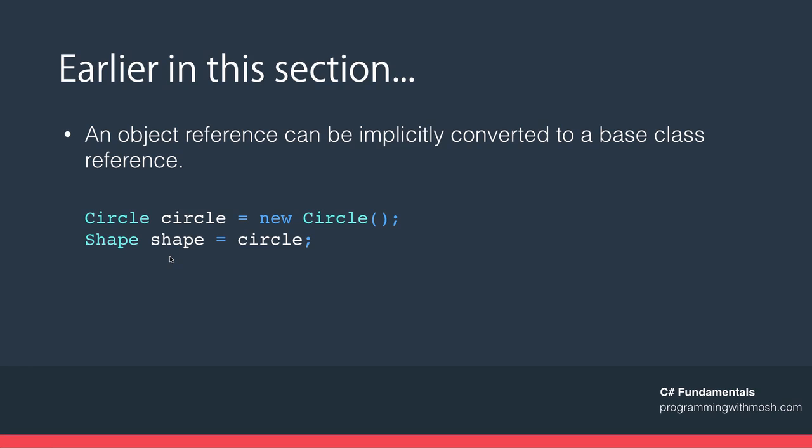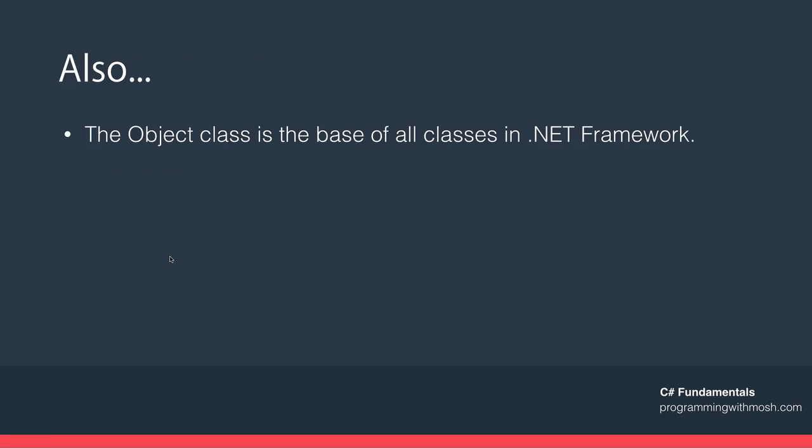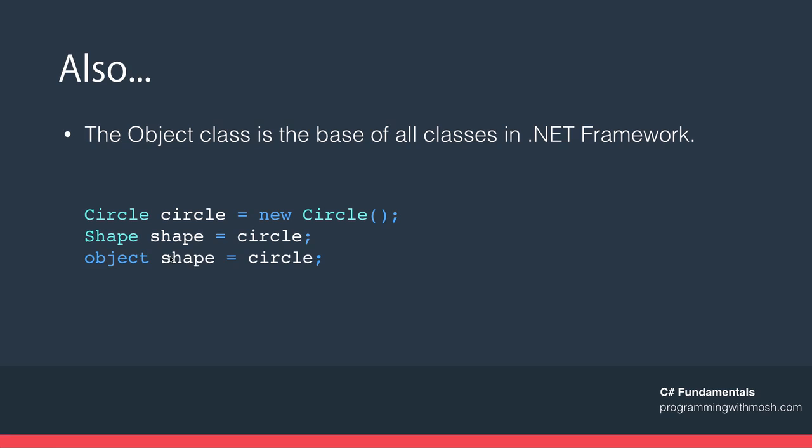No conversion is required. We also learned that the object class is the base of all classes in the .NET framework. So taking the last example, we can modify it to something like this. So since the object class is the base of all classes in the .NET framework, we can simply point it to any objects, and that object reference will be implicitly converted to the object reference.